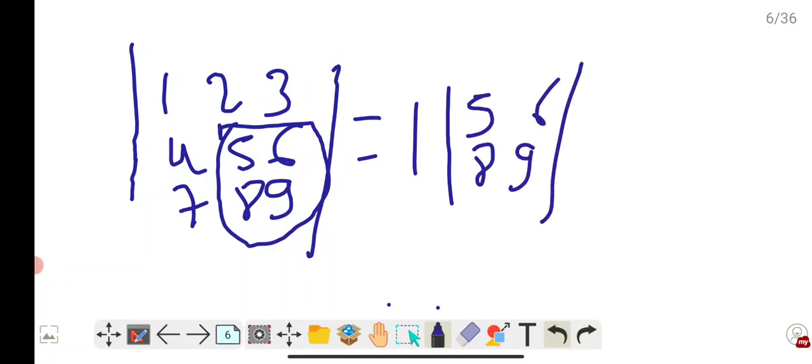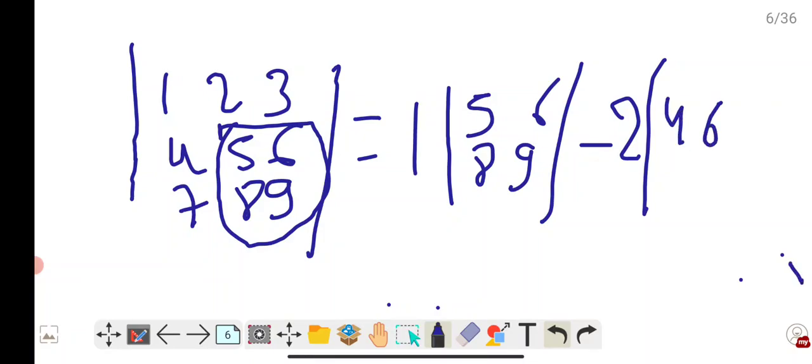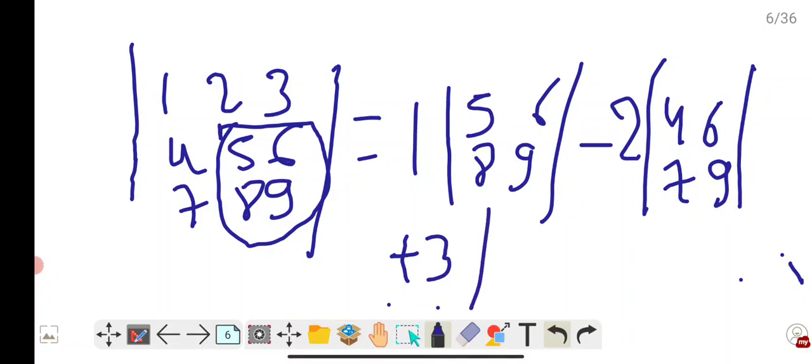Then minus 2, again cover its row and column, then we have 4, 6, 7, 9, and then plus 3, covering its row and column, we have 4, 5, 7, 8. Now each of these is a 2 by 2, so we can do it by the same method as the previous one.